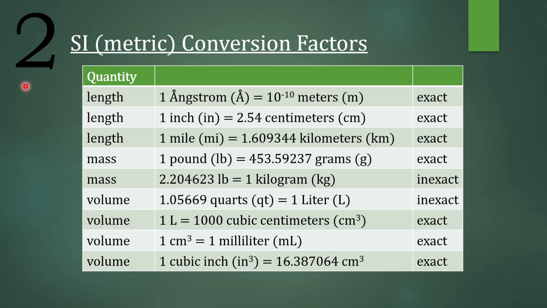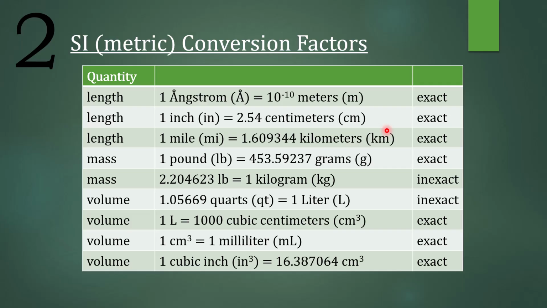Like I said before, in terms of a physical quantity, you could have multiple units that describe that same physical quantity, although they describe different magnitudes. So for instance, if we're talking about a physical quantity such as length here, we might use units of angstroms or meters or inches or centimeters or miles or kilometers.